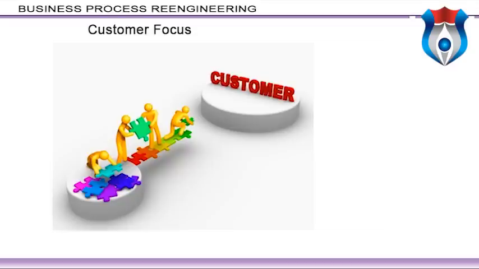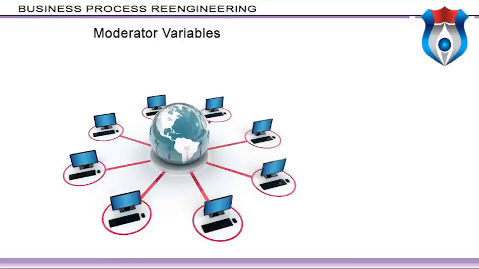Customer focus. The main aim of BPR is to meet and often exceed a customer's expectation in products and services. Since customers' expectations and demands are dramatic, organizations are required to keep track of customer complaints and the causes of their dissatisfaction and subsequently correct the root causes of customer dissatisfaction so they can provide innovative products and services. Moderator variables.